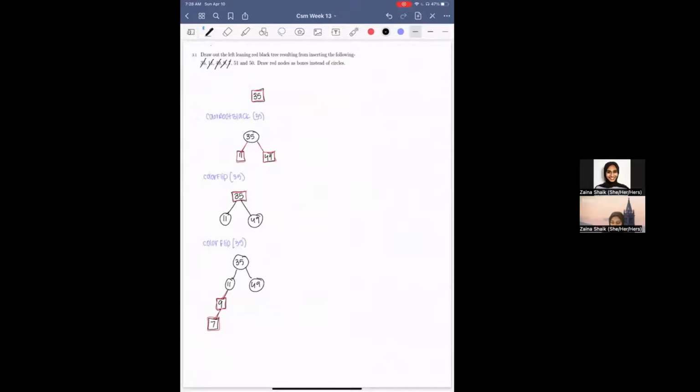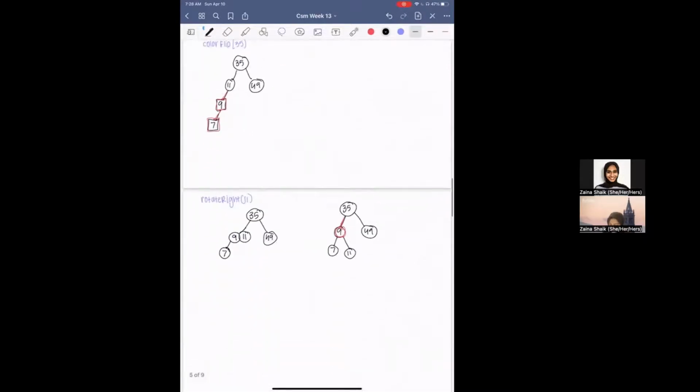So the next step is to insert 51. Okay. So we would insert it as a leaf, and then we have another right-leaning red node. So we want to rotate left on the parent. So rotate left on 49. And then I'll just draw the other part. It should actually be a square.